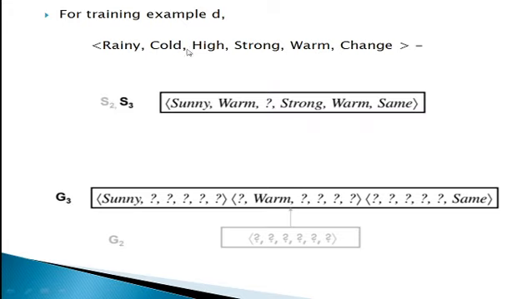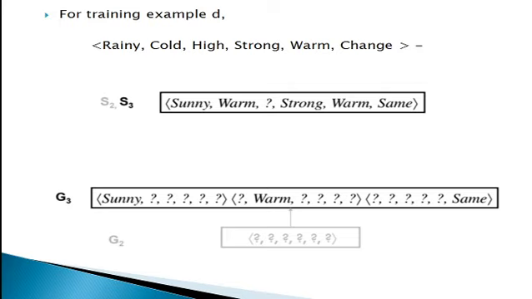So this negative training example reveals that the boundary set G of the version space is completely general. That is, the hypothesis in G incorrectly predicts that this new example is a positive example, but actually it is a negative example, right?